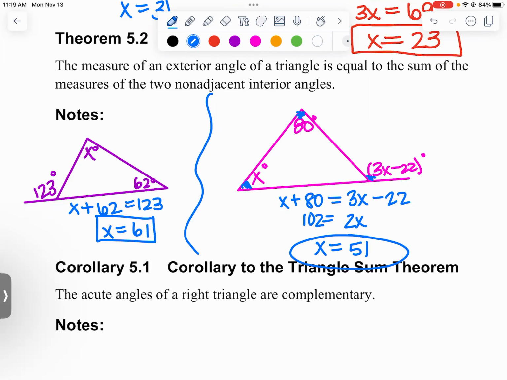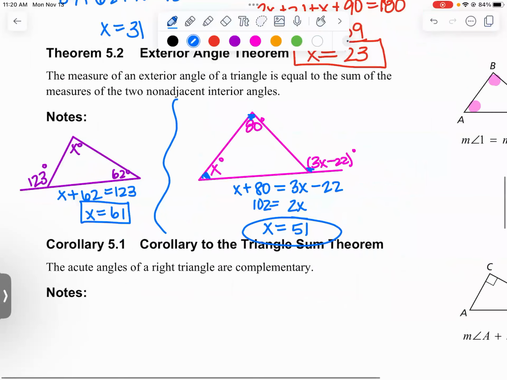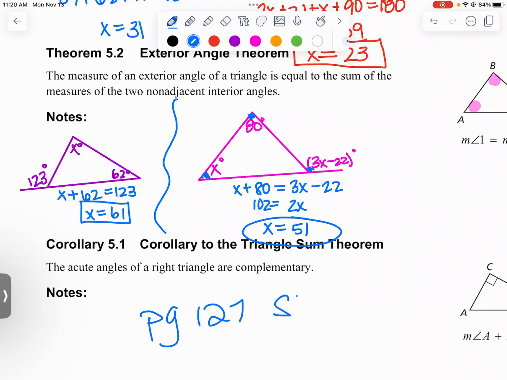All right. 51. Okay, so I want you to go ahead and look at page 127 in your student journal. Okay, and I want to talk about number 4. How are you going to be able to figure out number 4? I need you to tell me by its sides if it is scalene, isosceles, or equilateral, and then you need to tell me if it's a right triangle.